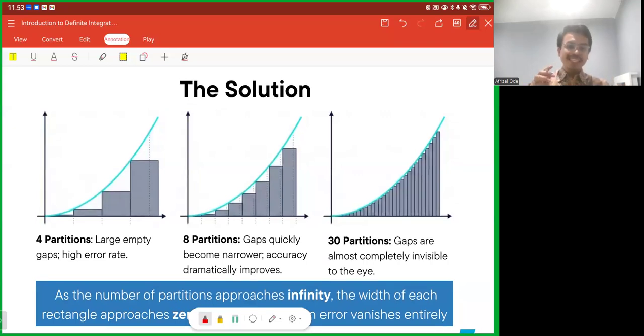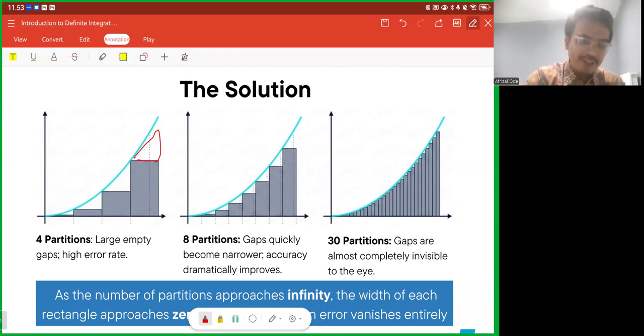Now, as you can see, we have 3 pictures here. The first one, we separate into 4 partitions, the second one, 8 partitions, and the last one is 30 partitions. As you can see, when the number of partitions increases, the gaps decrease significantly, right?